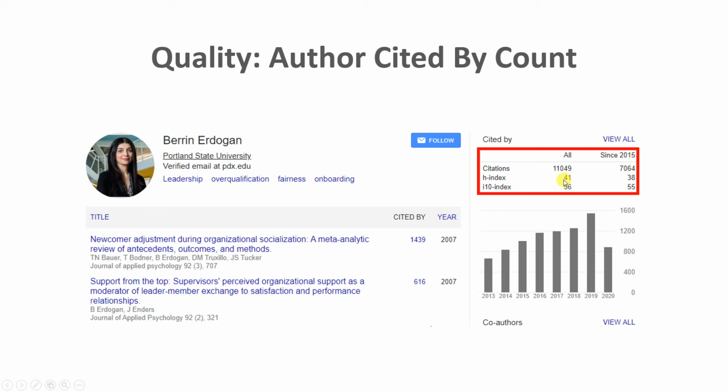This means that she has 41 publications, at least that Google Scholar is aware of, with at least 41 citations. Okay? And then you also have more recent indices, such as how many since 2015 and so forth. So authors cited by count can also be a useful way for identifying researchers who are producing generally high quality or highly impactful research.